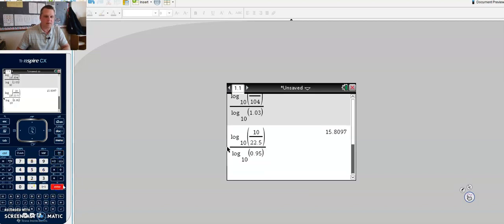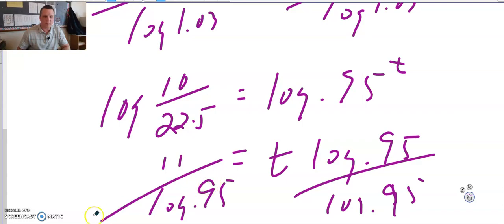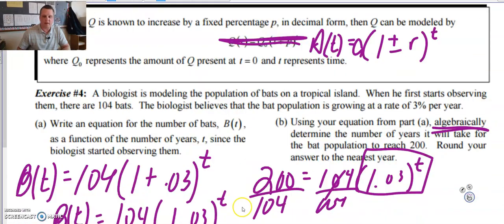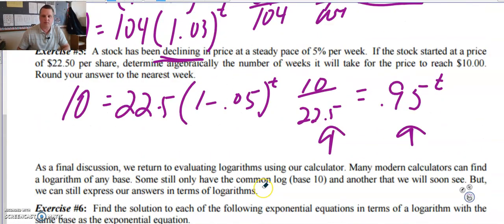Okay, and enter it. And I have 15.8. So let's go back and read the question: determine the number of weeks, rounded to the nearest week. So I'm going to take that and make it 16 weeks.